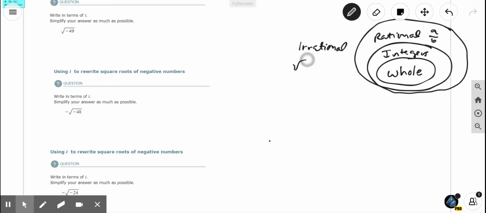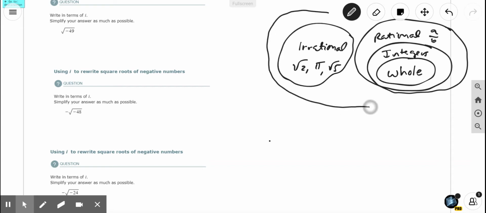Things like the square root of 2, pi, square root of 5, those kinds of numbers, they're irrational, and those two don't meet. Both of these sets together were called the real numbers. And you have been working with real numbers your entire math life.